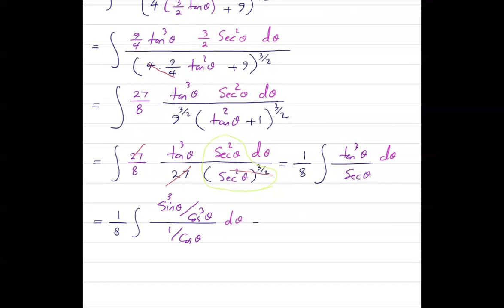So let us simplify this further. You get 1 over 8 the integral. You can get rid of 1 cosine and 1 of the exponents. So you get sine to power 3 of theta divided by cosine squared of theta and then d theta.